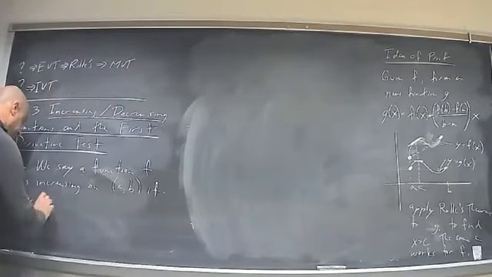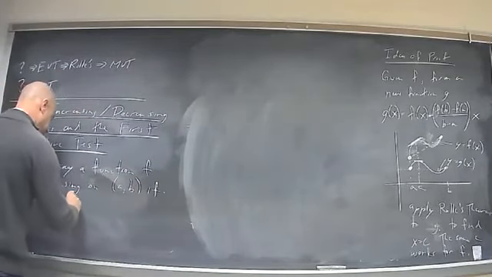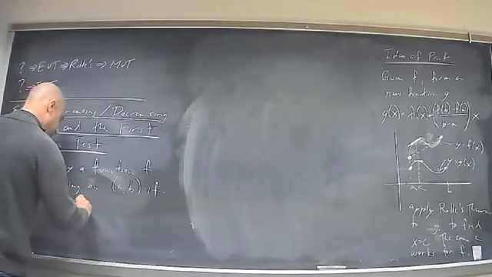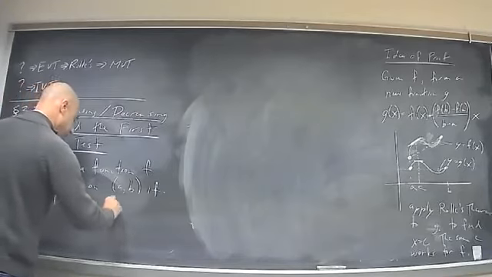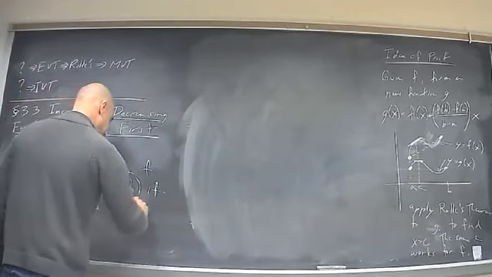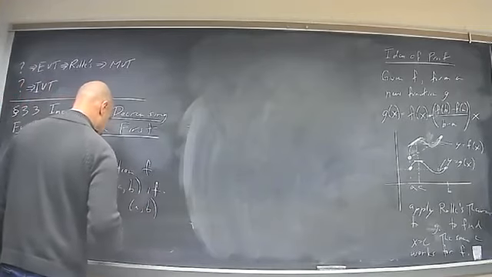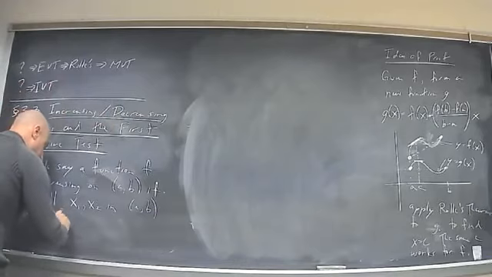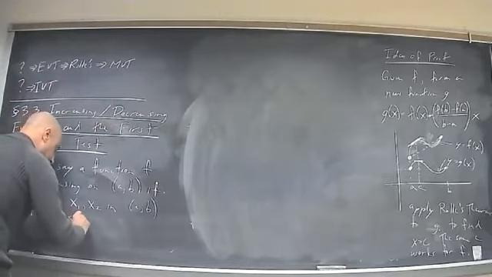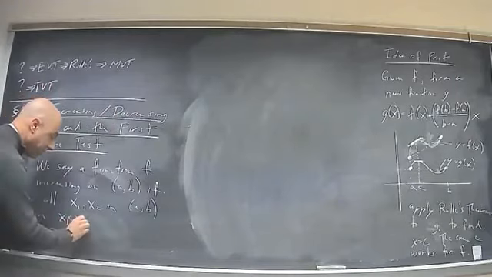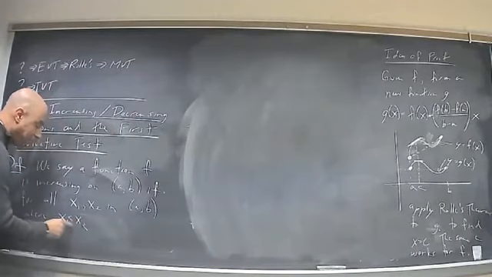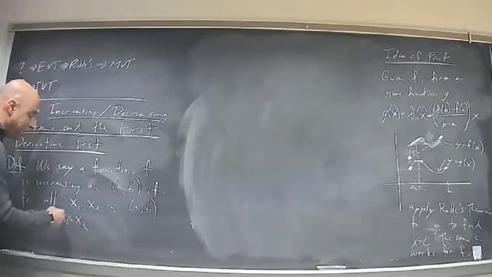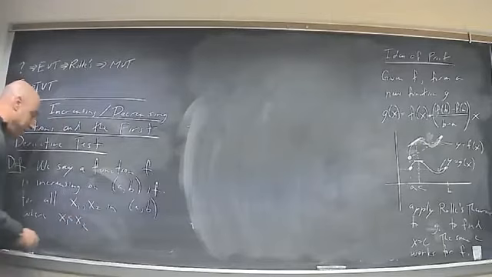for all x values, x1 and x2 in (a, b), where x2 is on the right and x1 is on the left. If I have two x values and x2 is bigger, that means it's on the right.